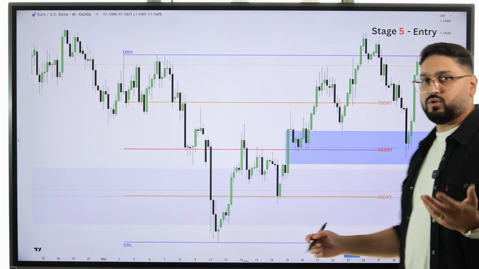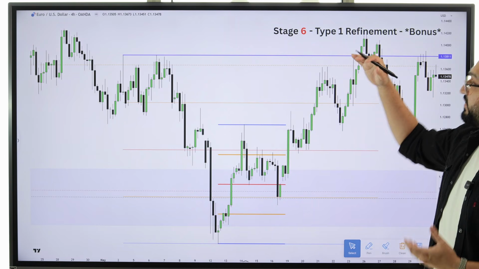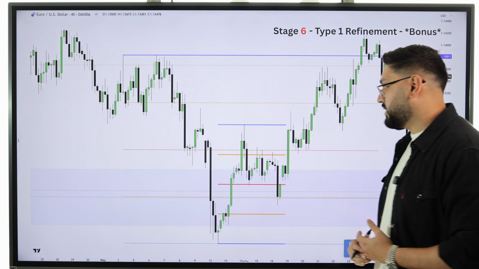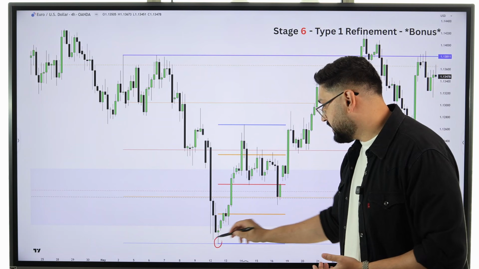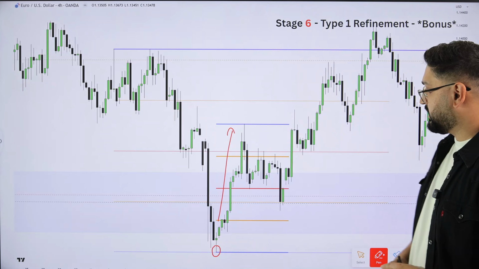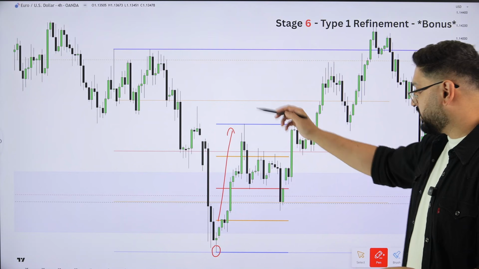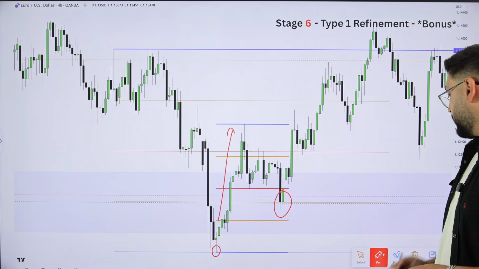liquidity. Now, of course, for those of you who have a little bit more understanding, we can refine this whole dealing range down to a lower time frame, where here on that 4 hour we have the dealing range low, and that first push through our 25 DRT level, we can grade that entire dealing range, and again we have another type 1 dealing range where we drop back below equilibrium.